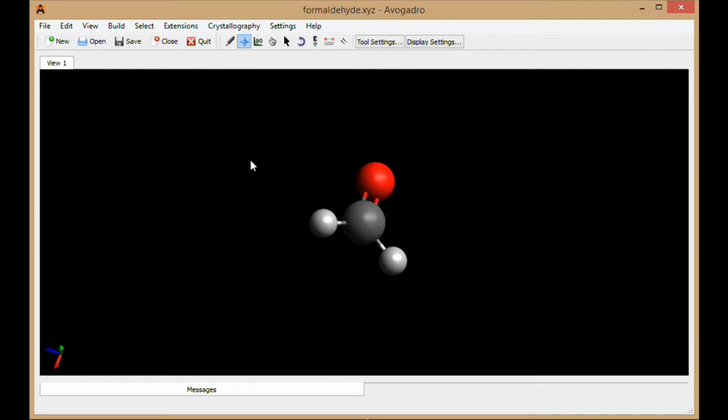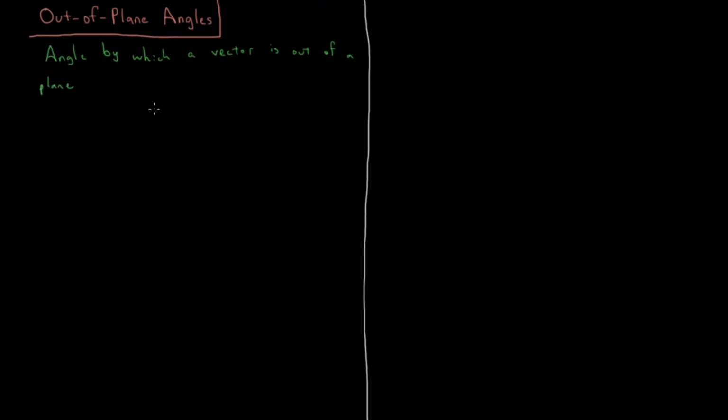That's one case where it's particularly convenient to use out-of-plane angles, and that's our motivation for defining them in this video. That is the simplest possible molecule where I have an out-of-plane angle.